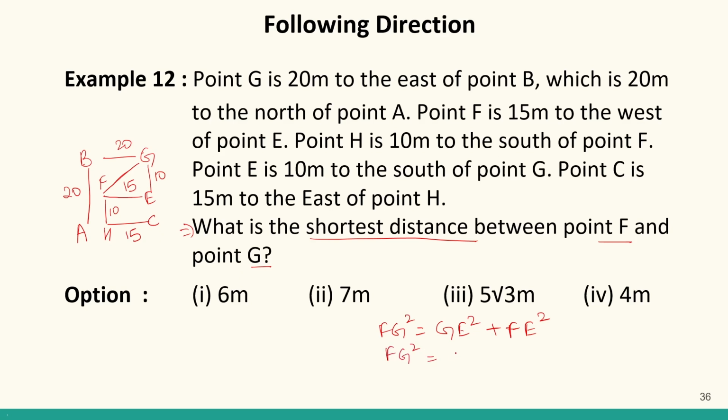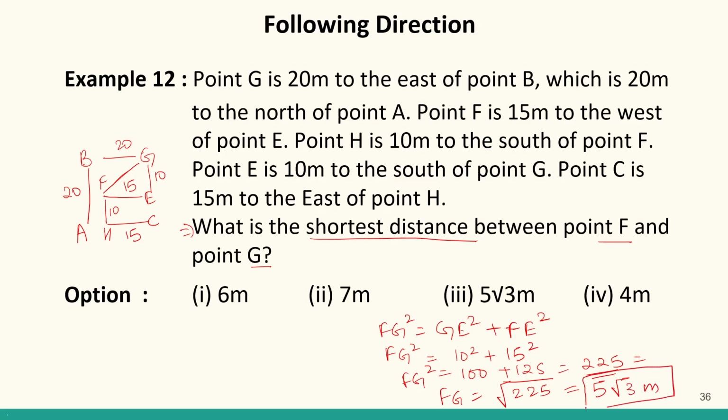So FG square will be equal to 10 square plus 15 square. 10 square is 100, 15 square is how much? 125, which gives me 225, right? So how is 225 written? 225 FG square. So FG will be equal to under root of 225. And under root of 225 is 5 root 3. So our answer will be 5 root 3 meter.